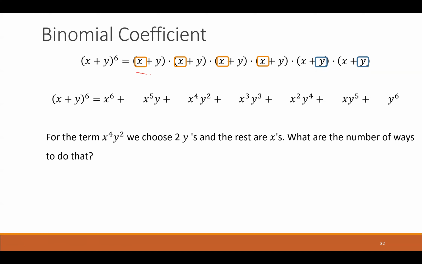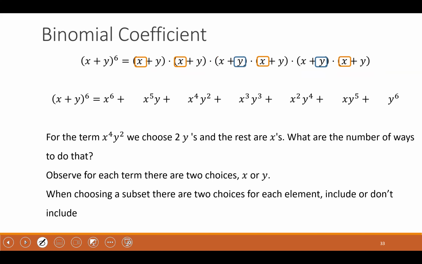For each of these factors, I can choose either x or y. I'm going to choose the 4 that I'm going to take x from. I have 6 available, and I'm going to choose 4 of those. From those 4, I take the x.